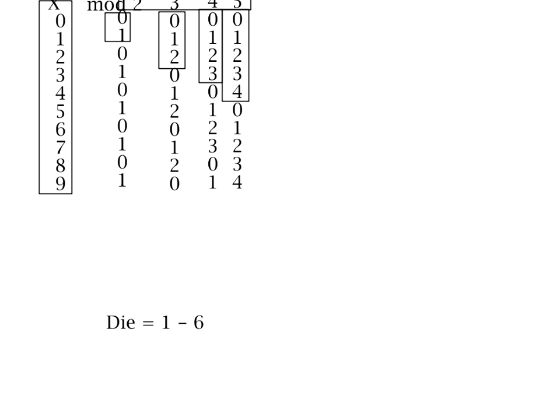See here the ranges. So how can we create a die that's going to have values from 1 through 6?